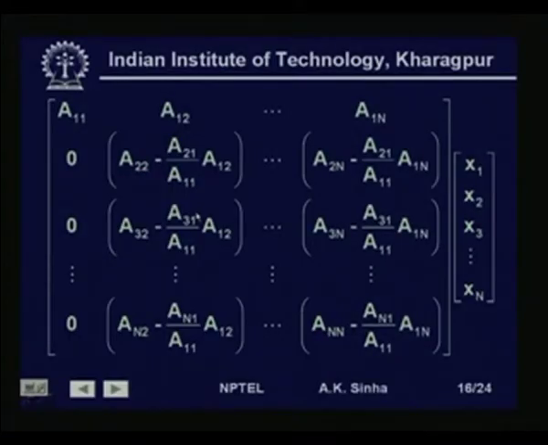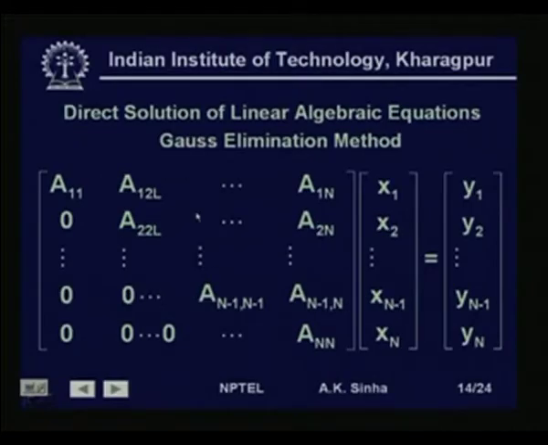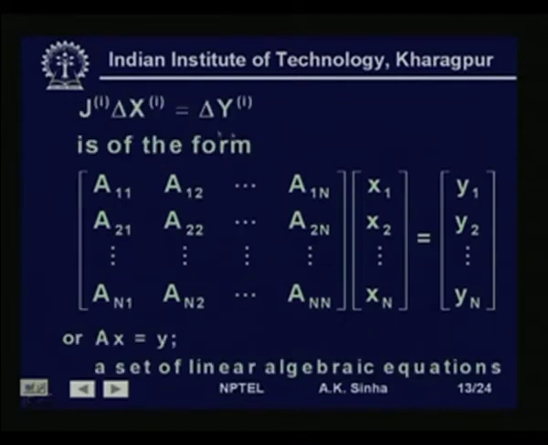Now, how do we triangularize this matrix? That is the problem that we have now. In Gauss elimination, first we have this matrix A here like this.